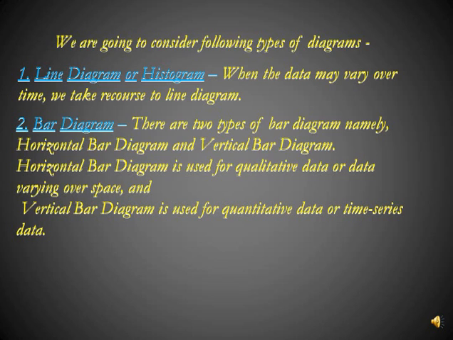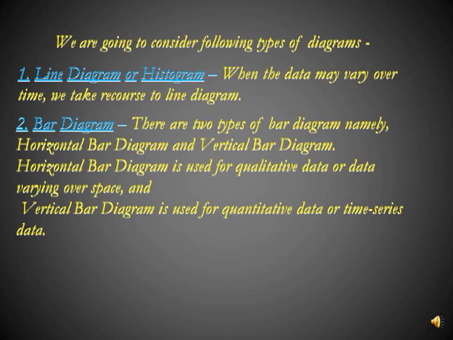Bars, that is rectangles of equal width and usually of varying lengths, are drawn either horizontally or vertically. We consider multiple or group bar diagrams to compare related series. Component or subdivided bar diagrams are applied for representing data divided into a number of components.